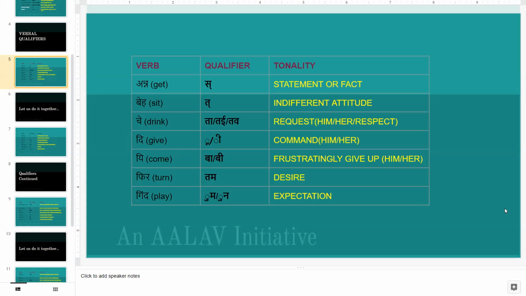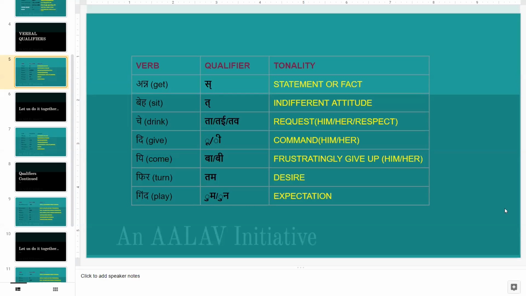So for example, let's talk about team number A. An was the verb for team number A. Now these are the qualifiers in the middle column: an, ans, ant, anta, antai, antav, anu, anba, anbi, antam, anum.